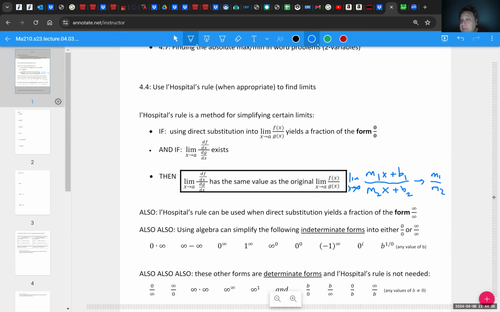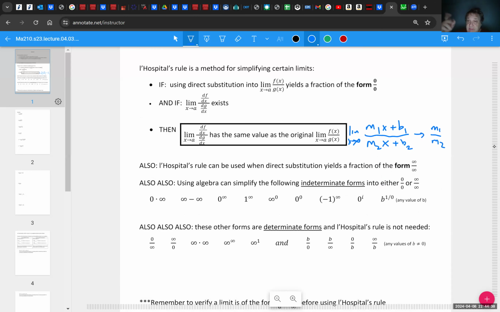All right, so by using a substitution, like doing a change of variables, 0 over 0 can look exactly like infinity over infinity. So we say that L'Hopital's rule can also be used if it's infinity over infinity. We still differentiate the top, differentiate the bottom, and still get the correct result.